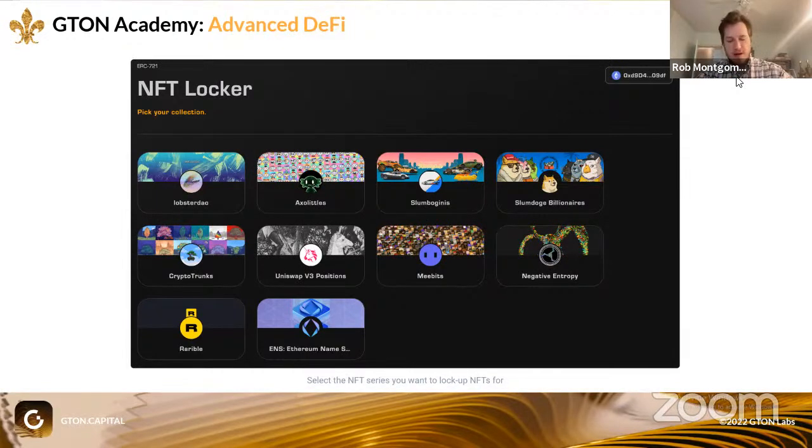The NFT locker, like I said, Revest is very extensible. It can lock tokens, but it can also act as a messaging relay to basically say this NFT is this financial instrument. That's how we do VE curve locks and how we do Resonate. It can act as a signal sender to a position held in a different contract.